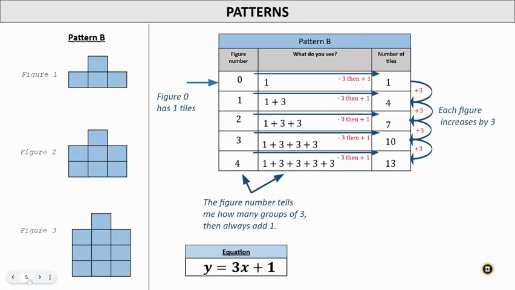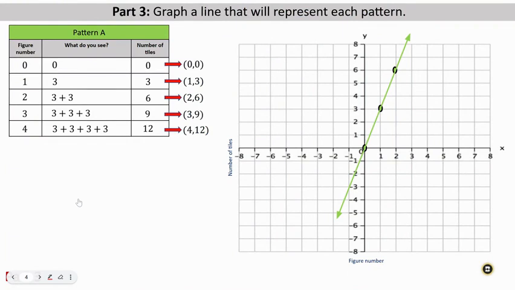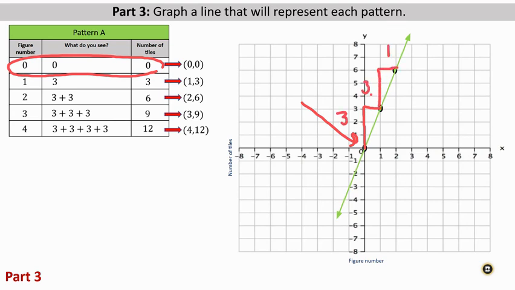Now, if we pay attention to what we did before, remember, this will be my y-intercept, which is this one. And your slope will be rise over run, 3 over 1.